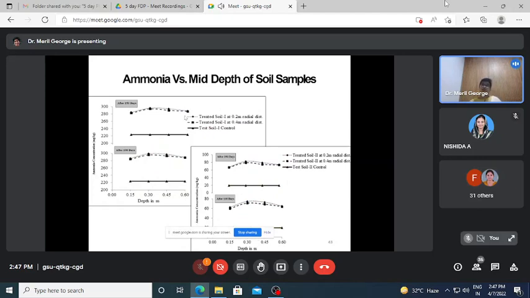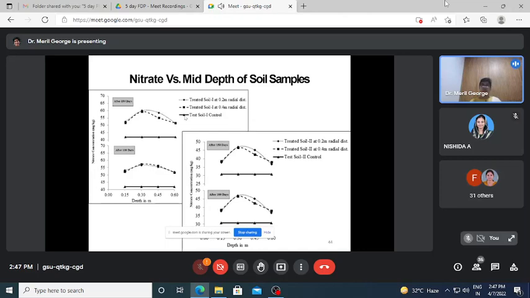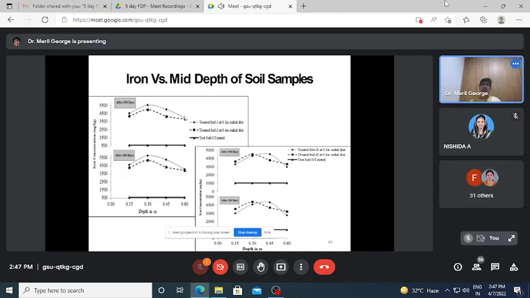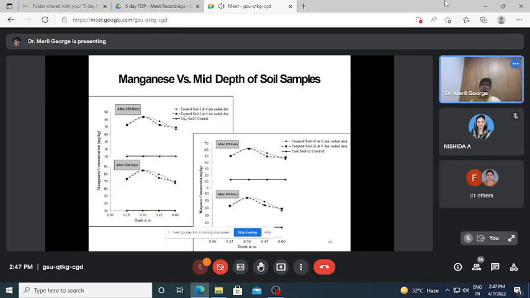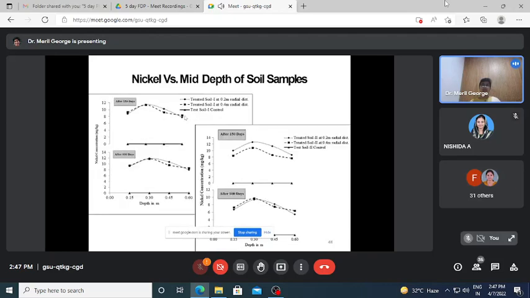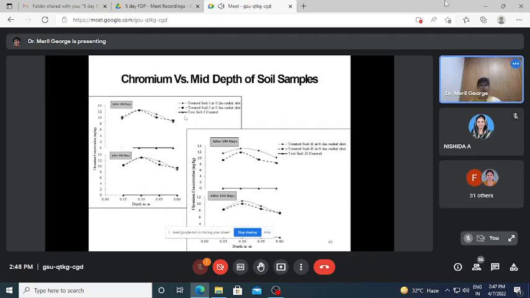Similarly, I have plotted for each chemical. For ammonia also we were getting almost the same trend. This shows the result of nitrate. Here it is for iron, manganese, zinc, nickel, chromium.